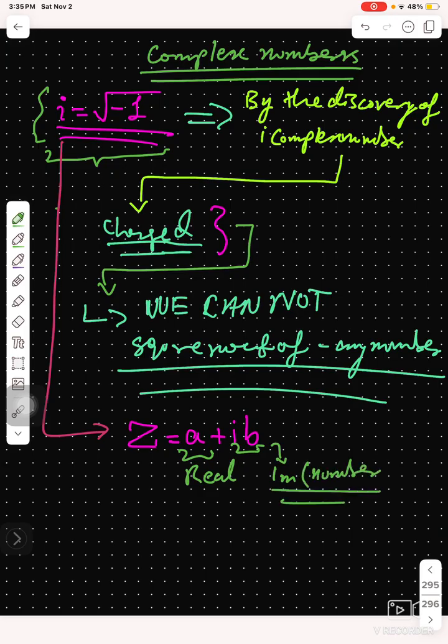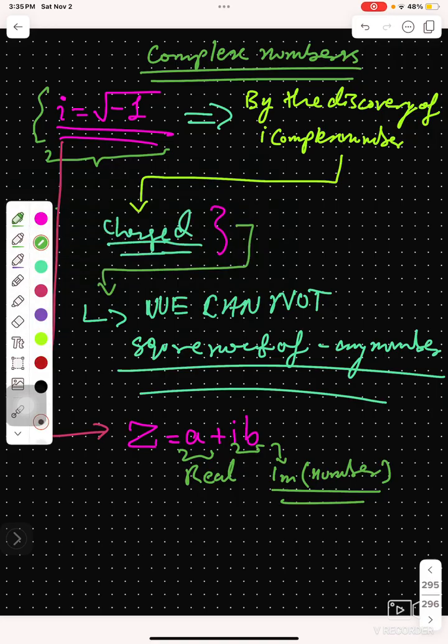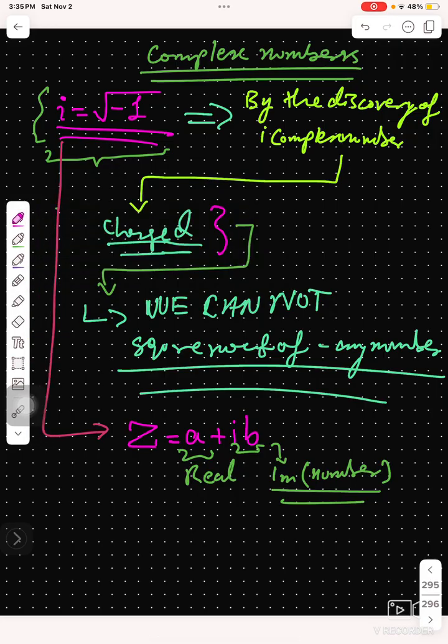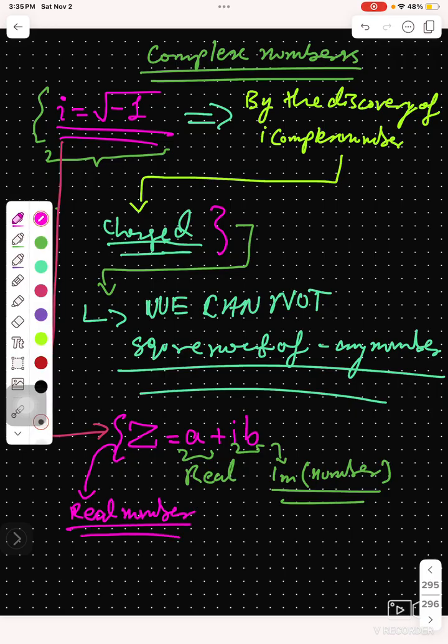So b is the imaginary part, and a gives us a real number.